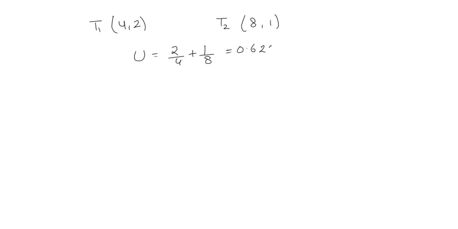So now we'll take one more example. Let's say that I define 2 tasks, T1 and T2. T1 has a period of 4 and execution time of 2, and T2 has a period of 8 and execution time of 1. So what will be the utilization? If I compute the utilization, that will be 2 by 4 plus 1 upon 8, that is 0.625, right?